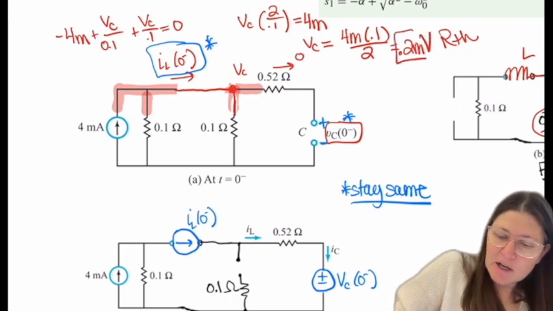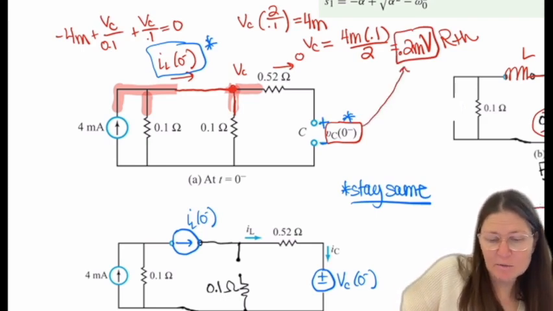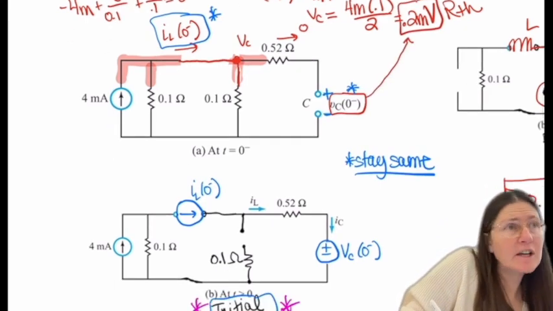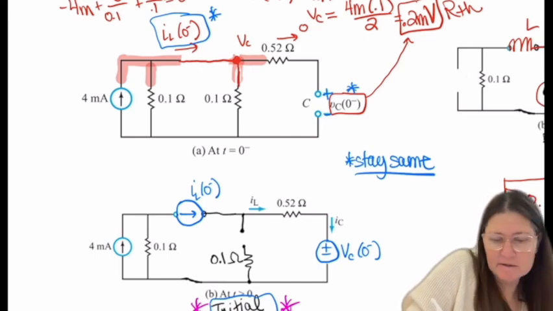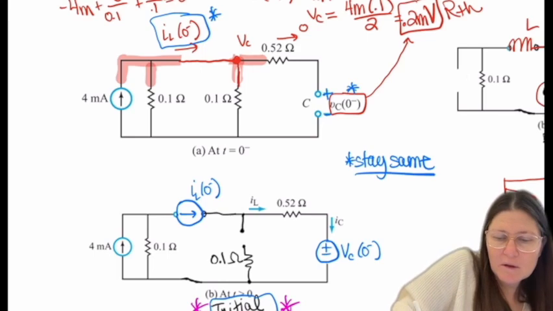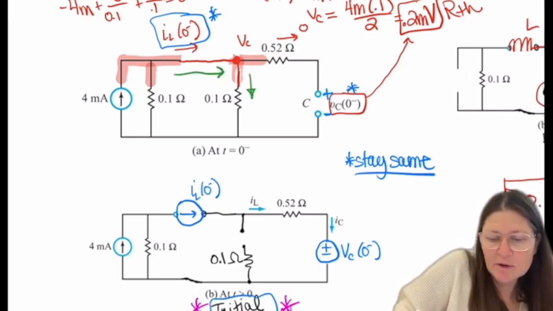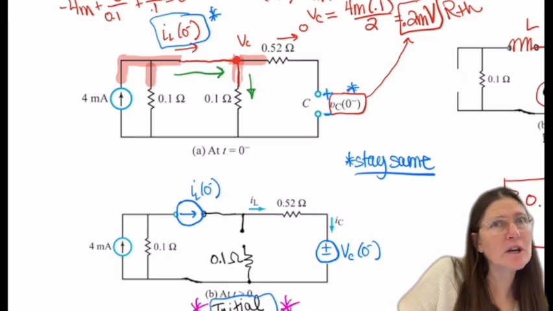So this is my 0 minus value, and then I need to find the IL of 0 minus. So that's going to be the current going through this branch. Because that goes 0 to the right, that's all the same current, right?